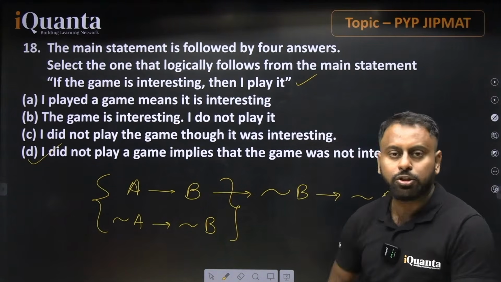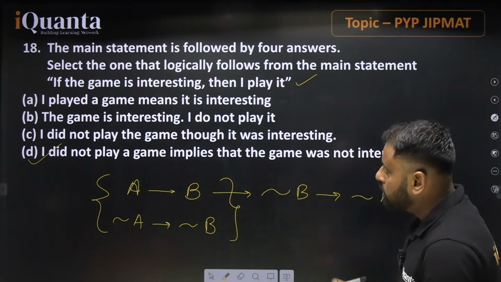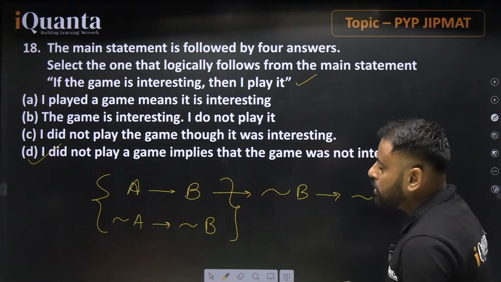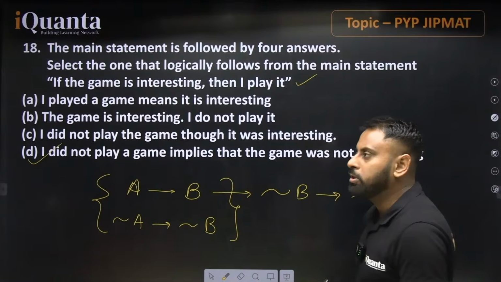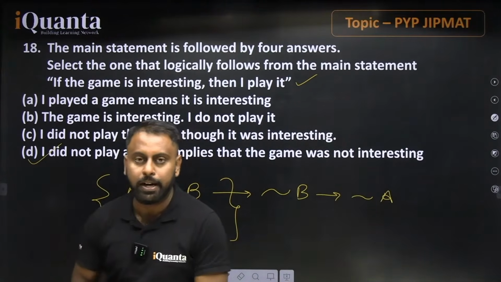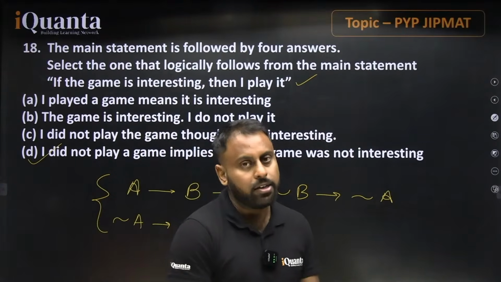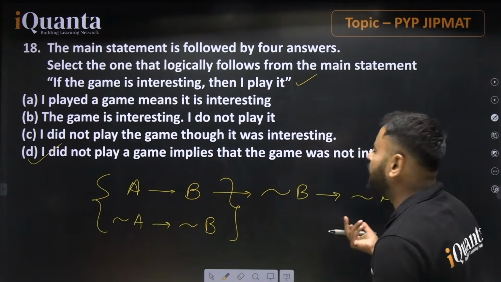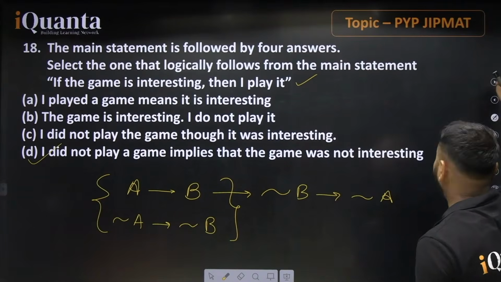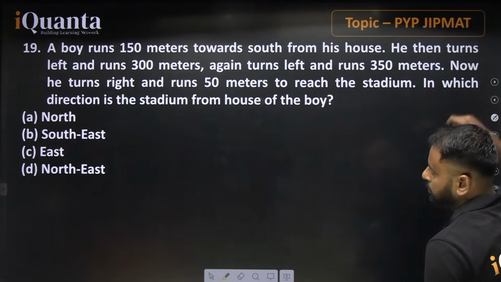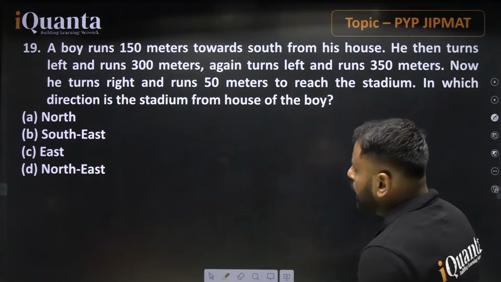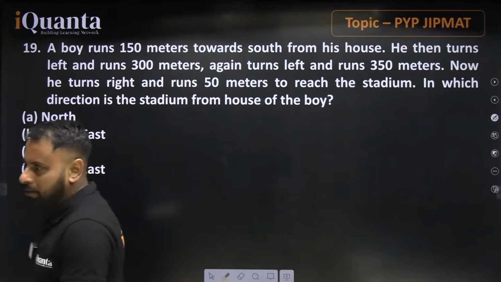This is from assertion and reasoning, conclusions, right? Statement and conclusions. From this chapter, statement and conclusion, there is a slight, low possibility that questions can be framed or asked. So there is a slight rare possibility of questions being asked from this particular chapter. Now see, I think this is your favorite chapter.